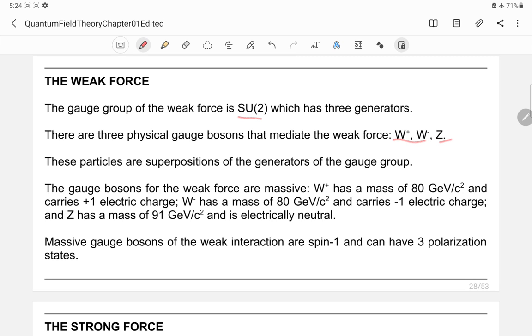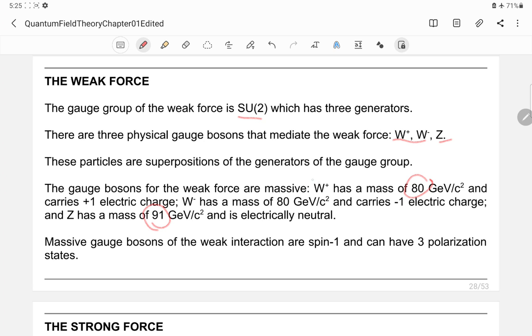These particles are superpositions of the generators of the group. The gauge bosons for the weak force are massive. The W's have around 80 GeV and the Z has around 91 GeV as mass.